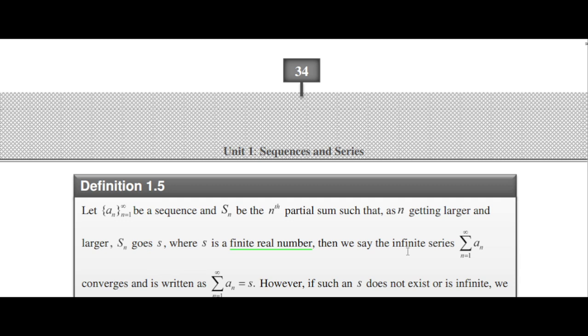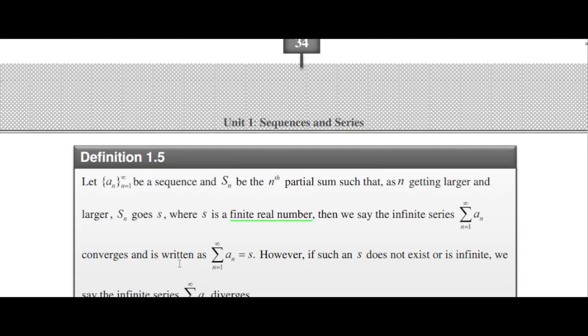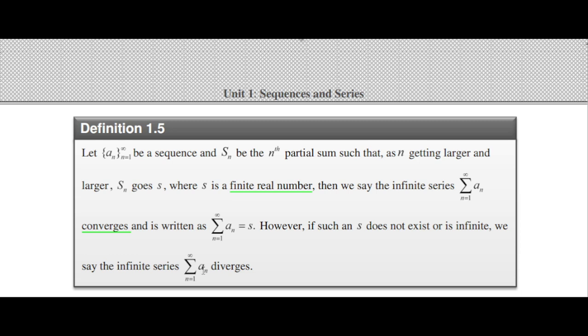Then we say the infinite series, the sum of a_n from n equals 1 to infinity, converges, and is written as the sum from n equals 1 to infinity of a_n equals S. However, if such an S doesn't exist or is infinite, we say the infinite series diverges.